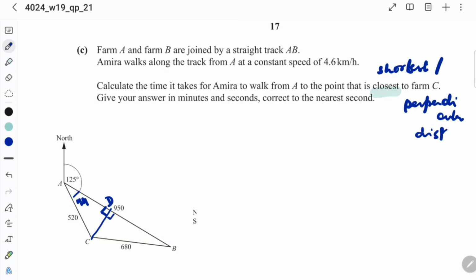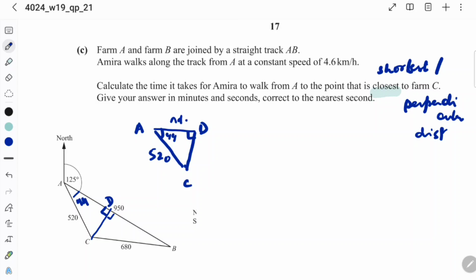I'm just making the triangle like this. For example, this is D, this is A, which is 44 degrees, and this is C. And we have to find the length of AD. The hypotenuse is 520, and the length of AD is the adjacent side.